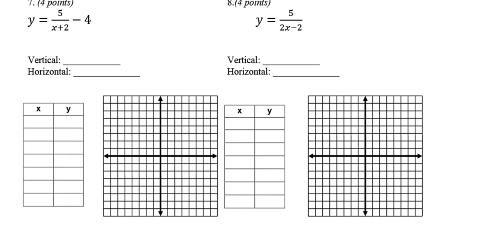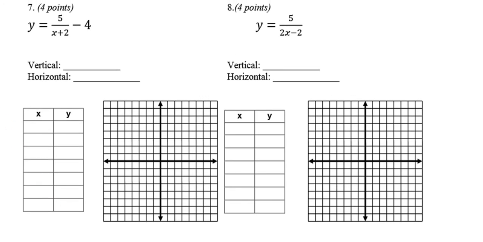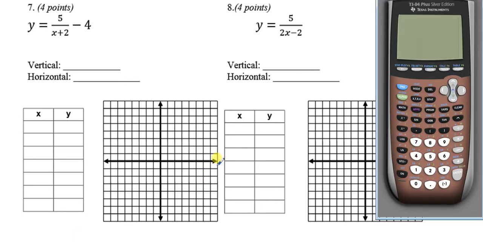So graphing, I'll do one of these with the calculator. Now they're going to look similar. For the calculator, what you do, and I think I already put this one in there, you hit the y equals button. 5 divided by x plus 2, and make sure that x plus 2 is in parentheses, and minus 4 at the end.